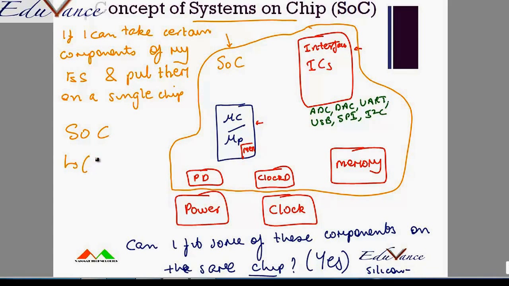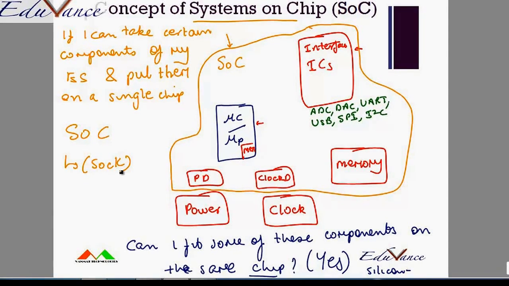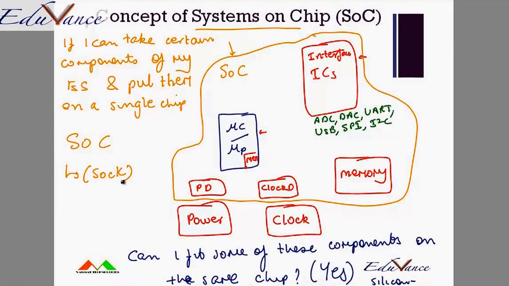It is also pronounced as SOC or SOC. So I hope that it's clear that if I can take certain components of my embedded systems and put them on a single chip, then I would get an SOC.